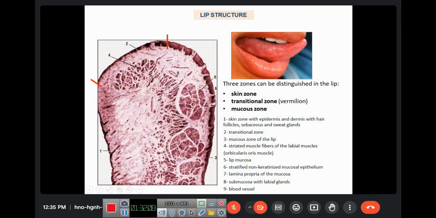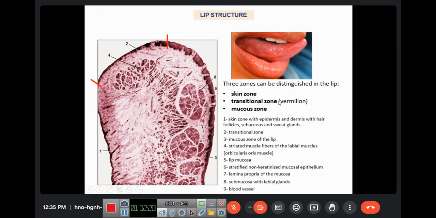Next we go to the lip. So here is the cross section of a lip. The lip in the cross section has three zones. The skin zone here, it looks like the skin, it is the outermost surface.